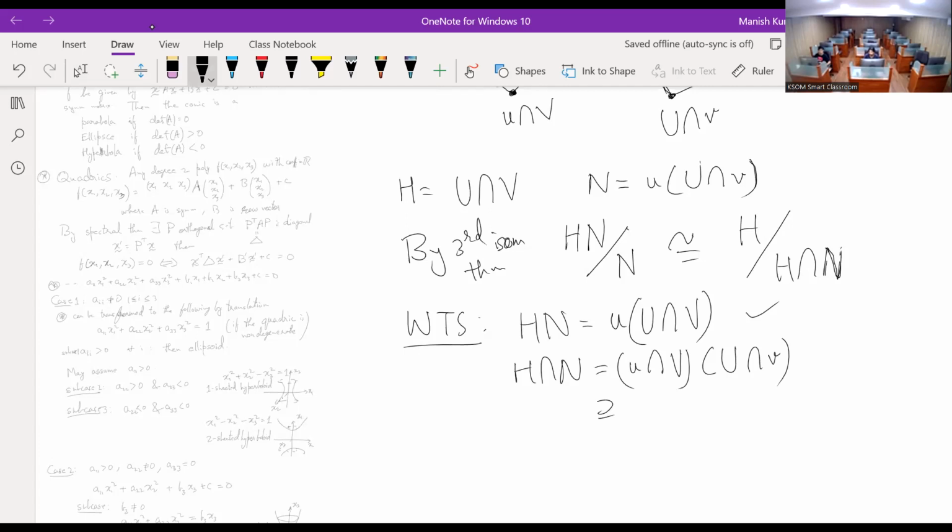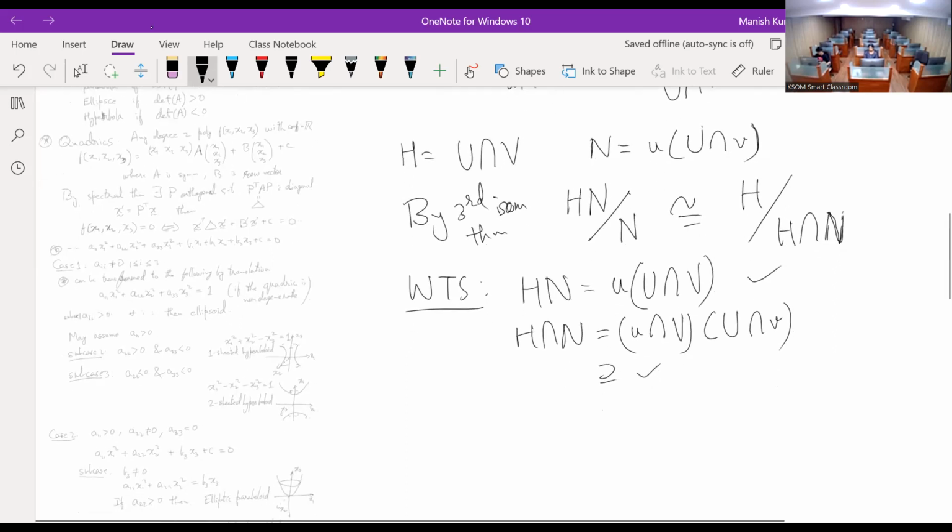So little u intersection V is contained in H, and of course the other factor is also contained in H. Similarly, little u intersection V is a subgroup of little u, and hence is contained in N. And capital U intersection V is again a subgroup of N. So this product is contained in both H and N, because each factor is contained in H. So this part is clear, this is the trivial inclusion.